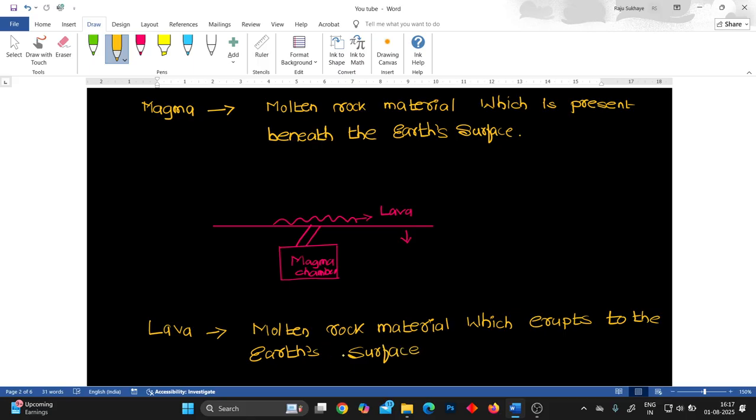When the molten mantle material comes to the earth's surface, we call it lava.